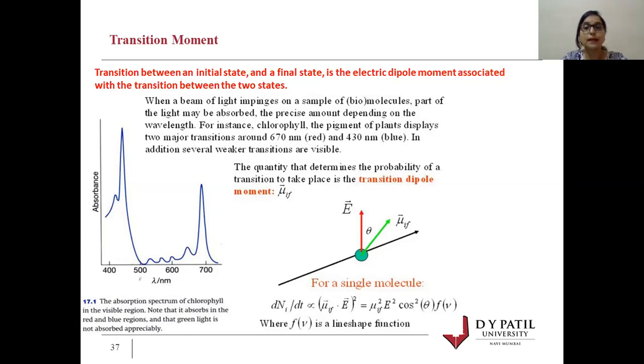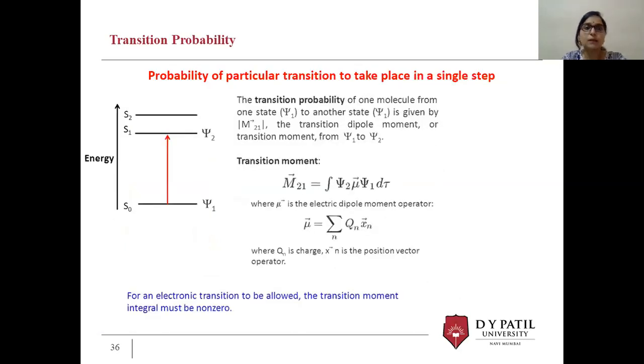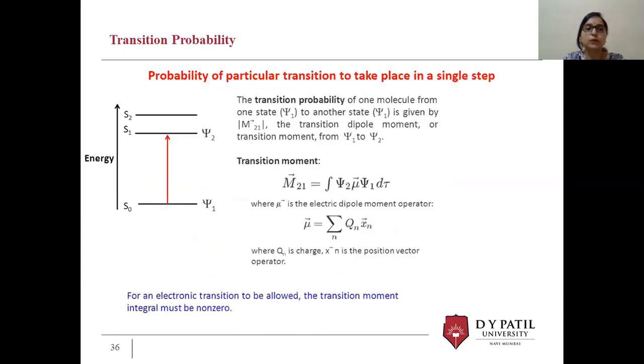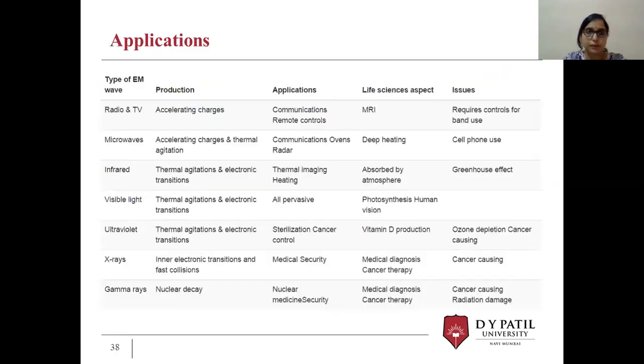So the quantity that determines the probability of a transition taking place is the transition dipole moment, that is, the dipole moment value, whereas the transition probability was simply known as the chance. With this figure, you can try to understand how transition probability is related to transition moment.